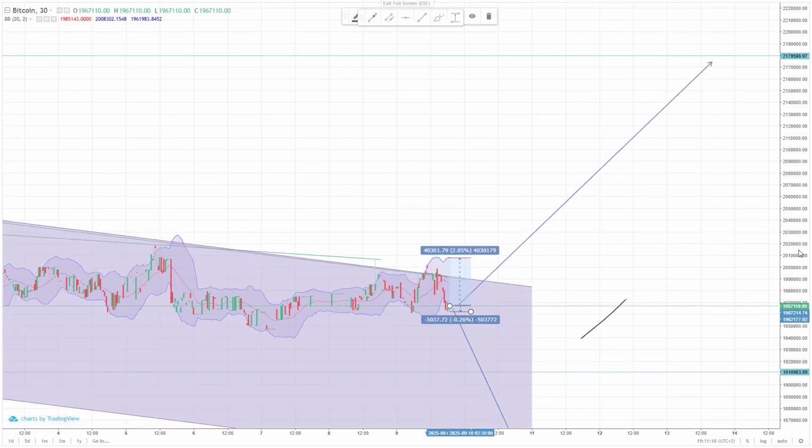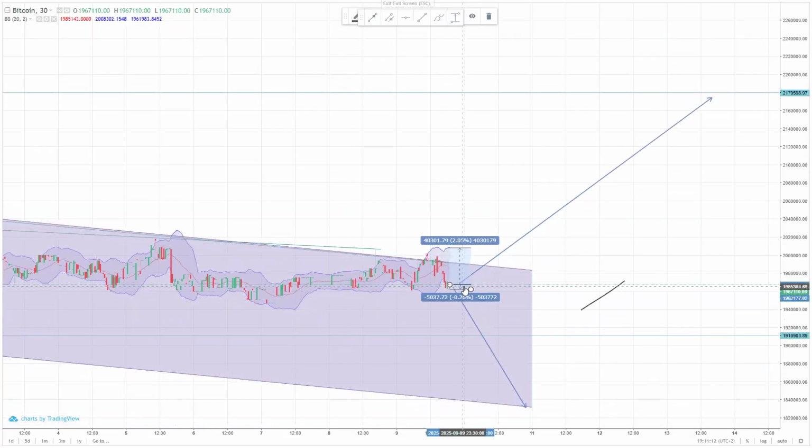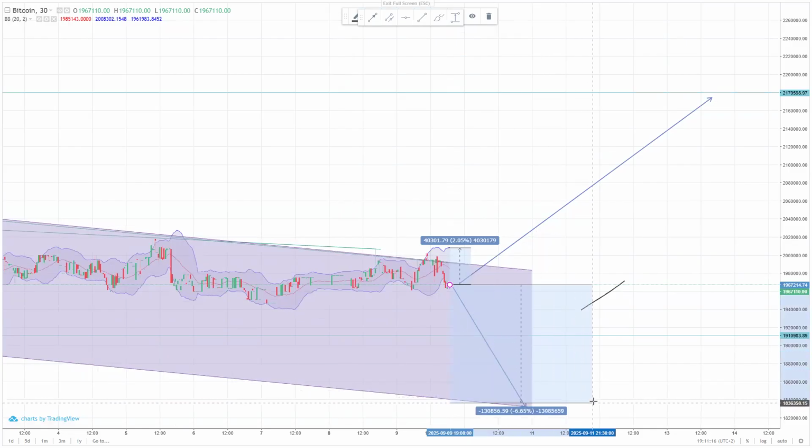percentage-wise down. If I look at my support line at the bottom, it can go down another 6.8%. Now, I told my traders that are on my tribe and my signals group, at the beginning of this month, that the Bitcoin price can possibly fall another 10% in September.